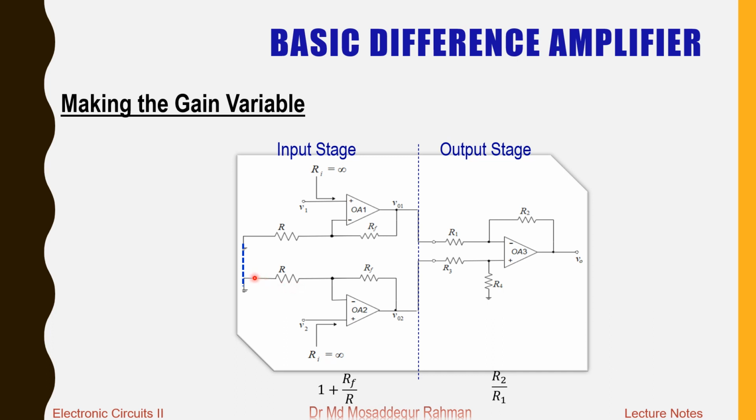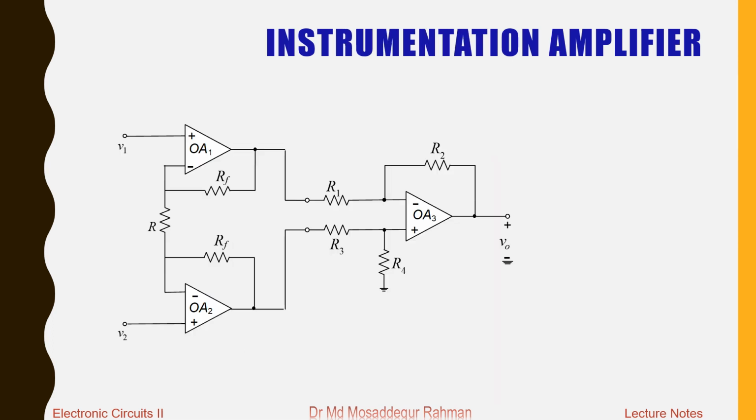What if we combine these two R's into one single resistor? How will the circuit look when you combine these two? This is how the circuit looks once you combine the two R's into one single R. Now we have this one single resistance R connected between the two inverting input terminals of these two op amps.